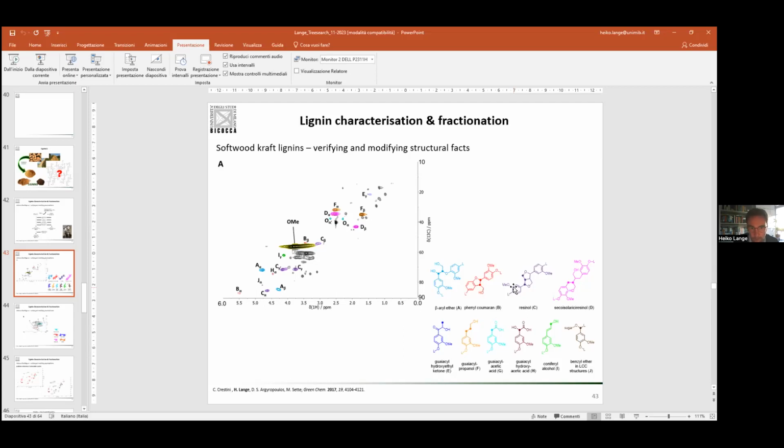So in both cases, we simplify the vast amount of structural motifs that we have to a single feature, let's say, right? In the phosphorus, the feature is OH, that becomes OP, O phosphorus. And in the HSQC, we go for groups that carry at least one proton, one hydrogen.